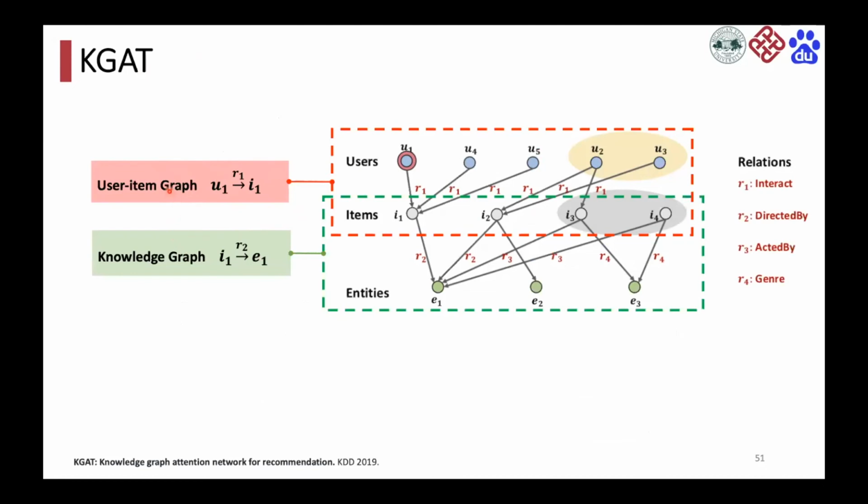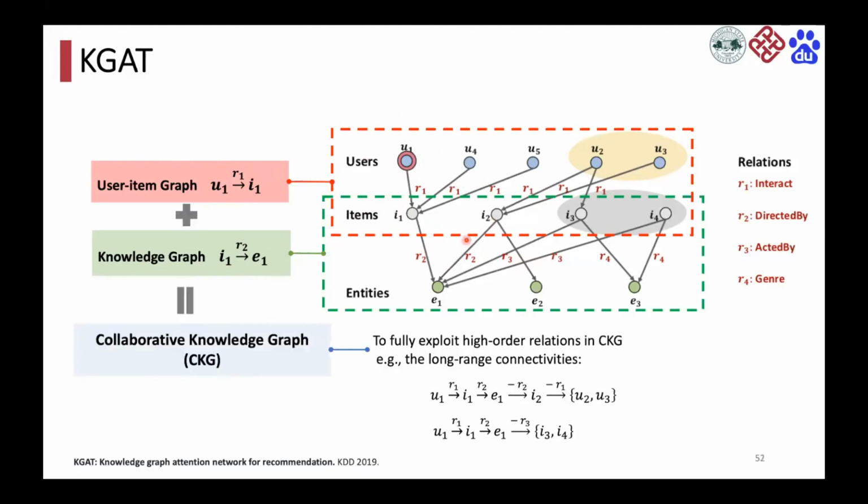They consider the user node as one type of entity, and the interaction between the users and items as one type of relation in the knowledge graph. In other words, KGAT integrates these two graphs, the user-item graph and the knowledge graph, into one large graph. They call this graph the collaborative knowledge graph.